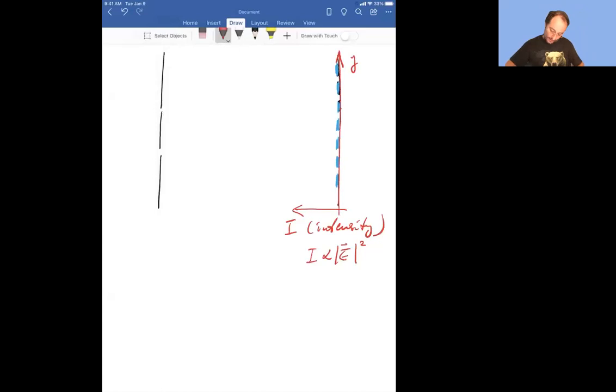Viewed in this way, we can plot intensity as a function of the location on the screen, and it will be the following graph. It turns out to be a sine squared for a simple 2-slit experiment. If the word intensity gives you a headache, think brightness. Intensity is basically brightness.